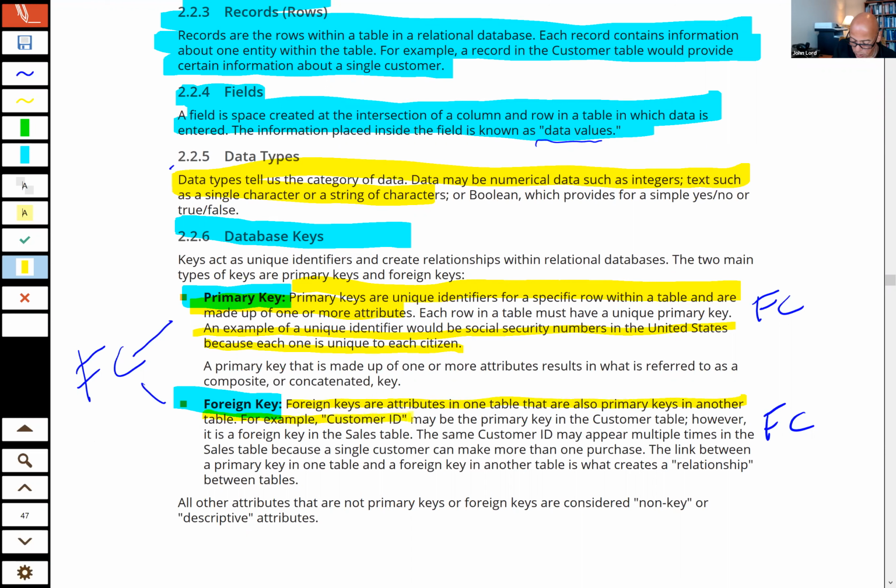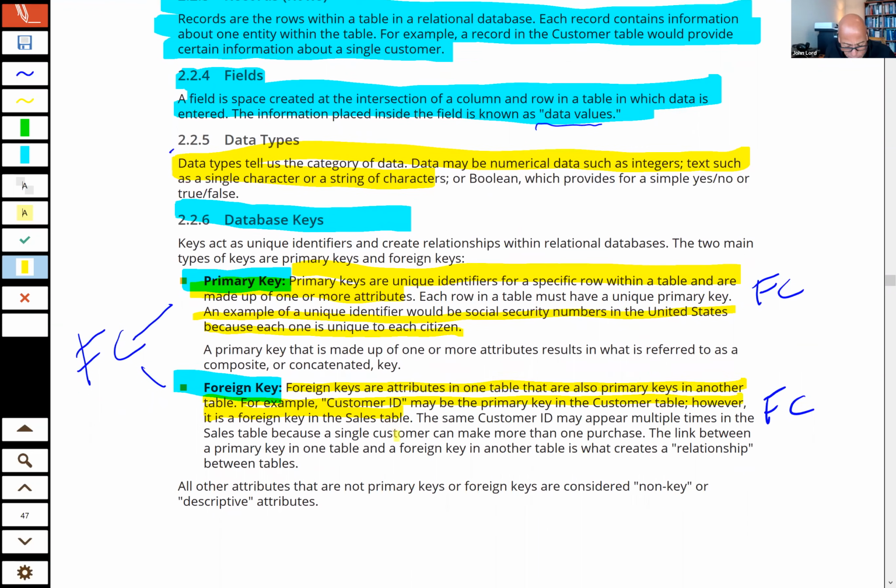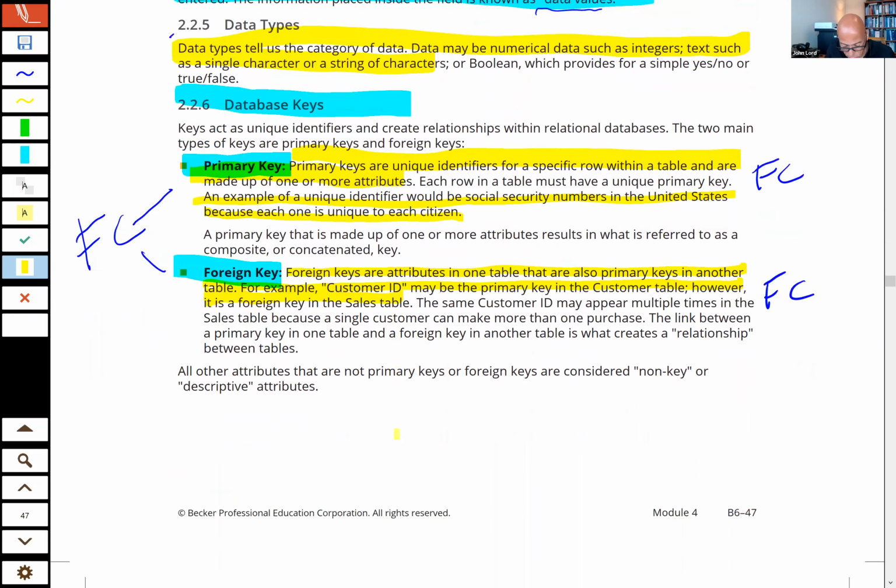For example, customer ID may be the primary key in the customer table. However, it is a foreign key in the sales table, because we're trying to link the customer name to sales to that customer, right? Meanwhile, if we're looking at sales and what we had sold, that would be the primary key in the sales, and the customer ID would be the foreign key, and then we're going to try to link those up. So if you take a look, make sure you know what flashcards I want you to make there.